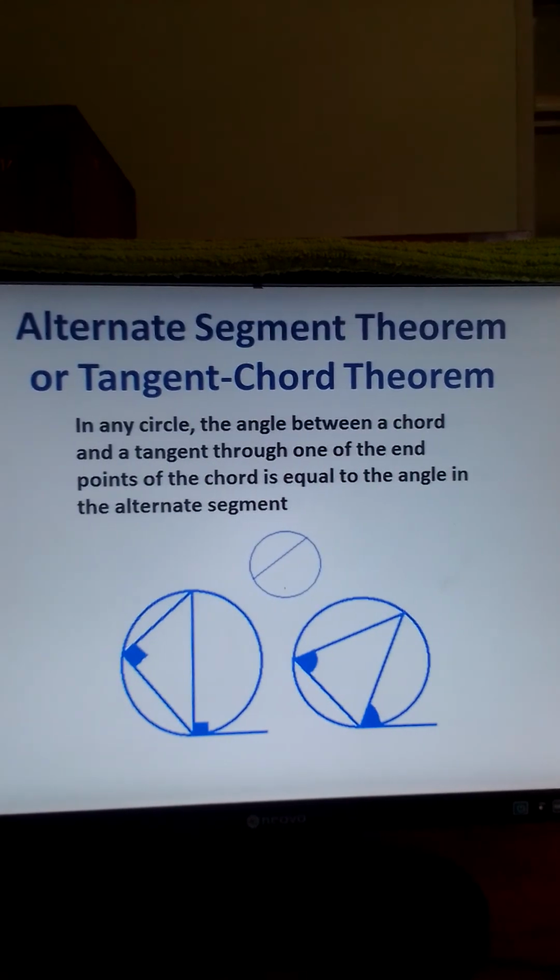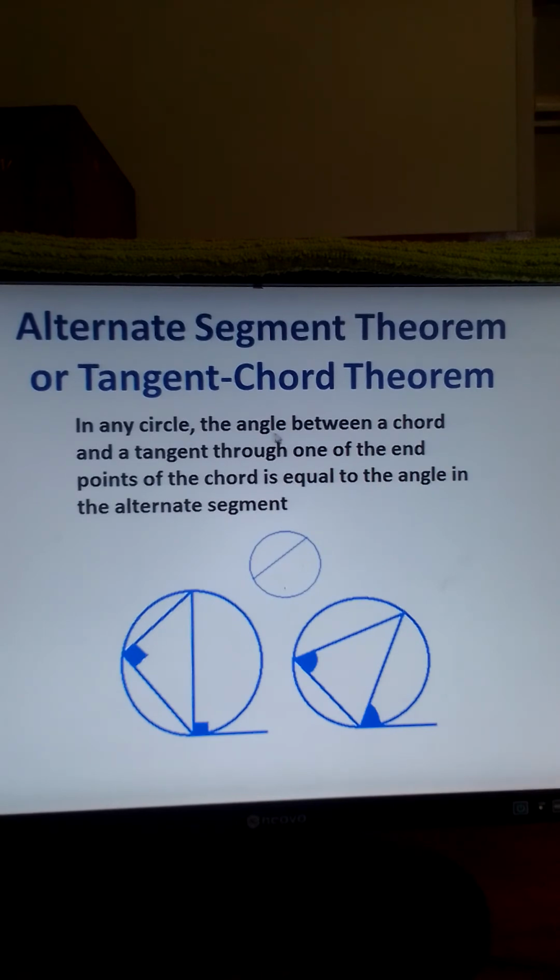Next is the alternate segment theorem or tangent-chord theorem. This circle here has two segments, this segment and this segment. So this segment is an alternate segment to this one here.